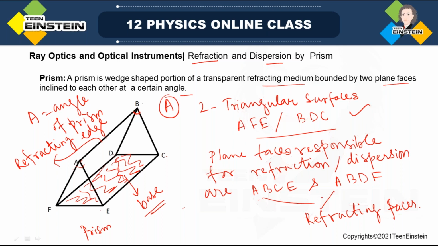Light refracts through these two surfaces, so these faces are called refracting faces. And the line where these two faces join is called the refracting edge. So these are the parameters we should have learned about the prism.